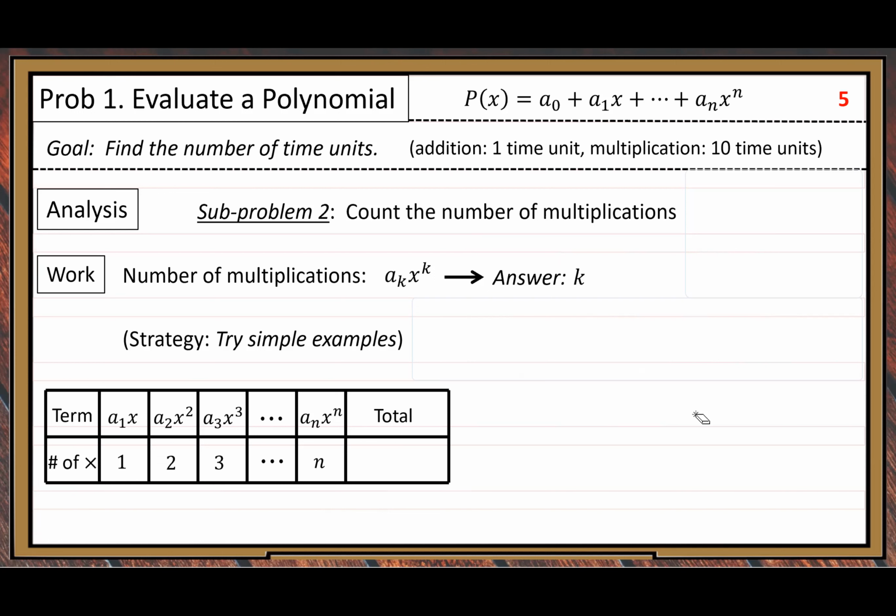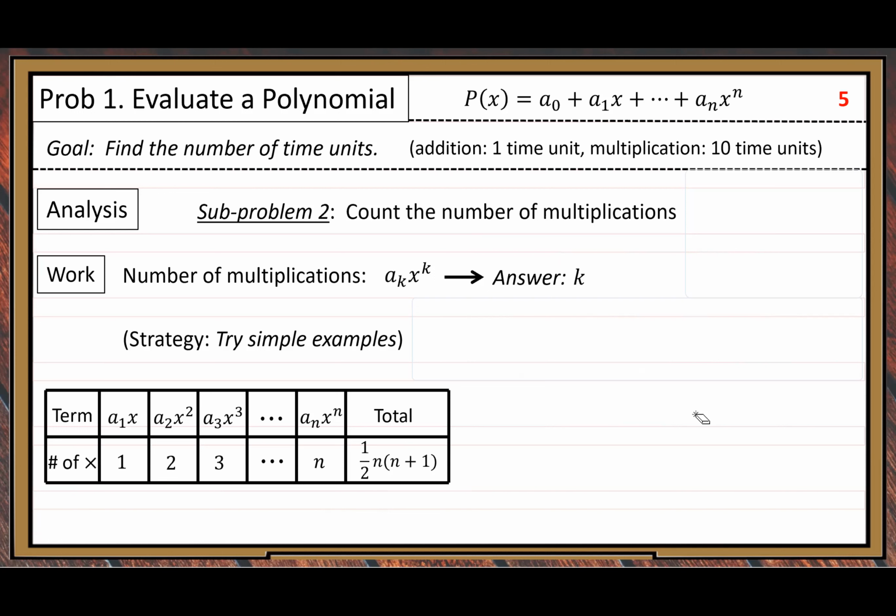K equals 2, two multiplications, and so on. So the total, let's add up all these numbers, and we know the formula for the summation of these n consecutive integers from 1 through n: 1/2 times n times n plus 1. We know this formula.